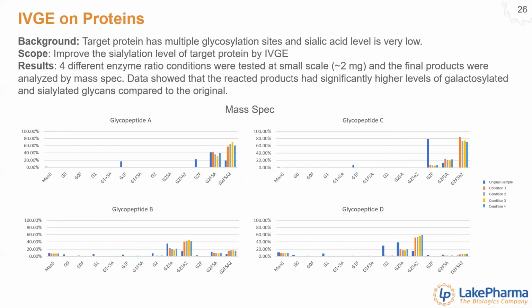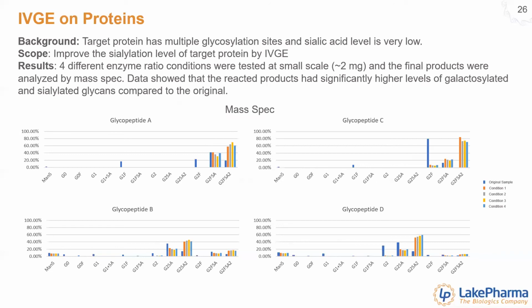With glycopeptide C, the major species is G2F, and after IVG reaction, the major species become G2FSA and G2FSA2. It's a cleaner species. And for glycopeptide D, we also see a clearer pattern, with G2SA and G2SA2 as the major species.